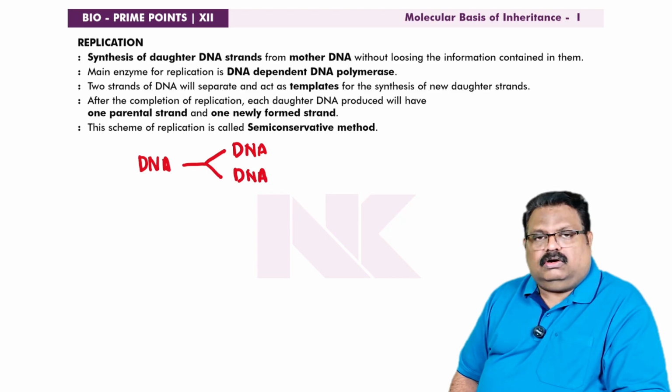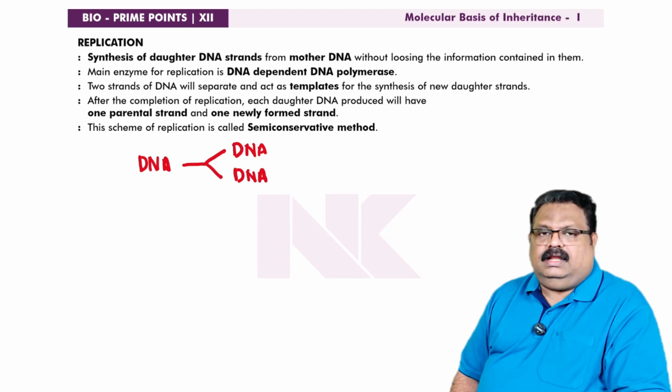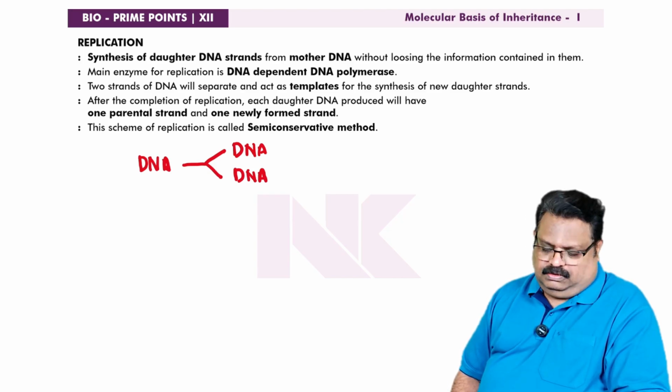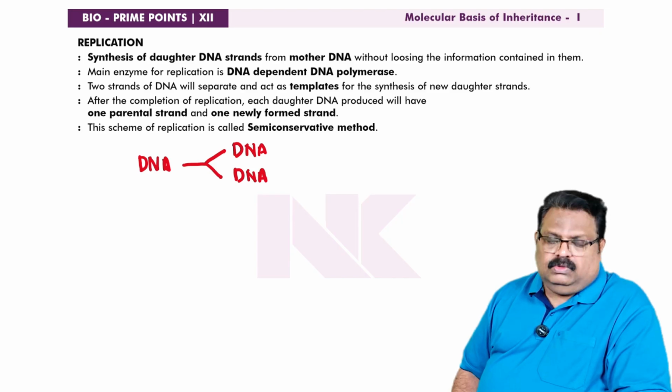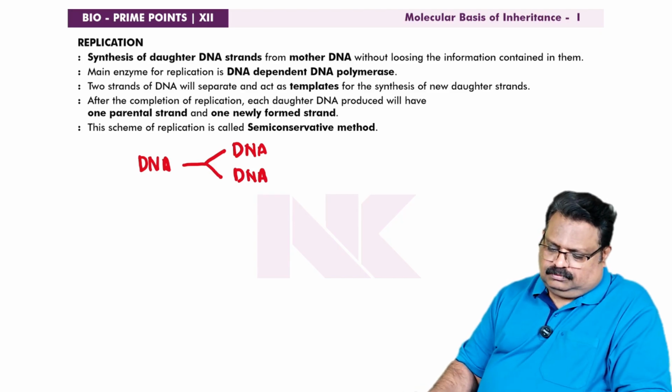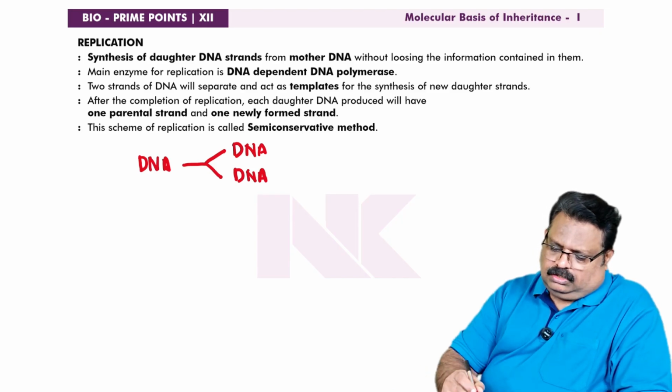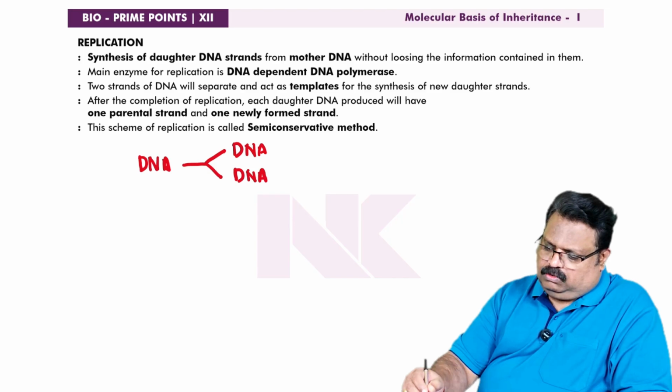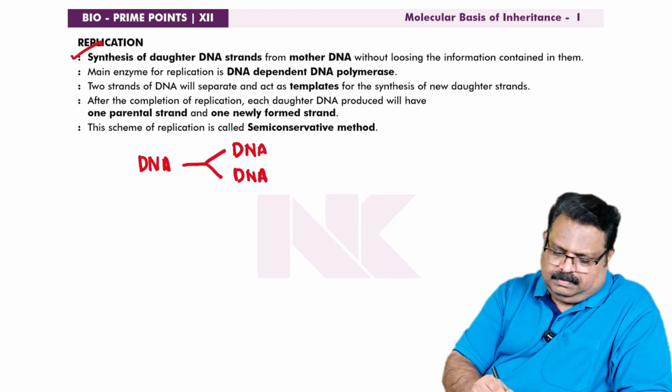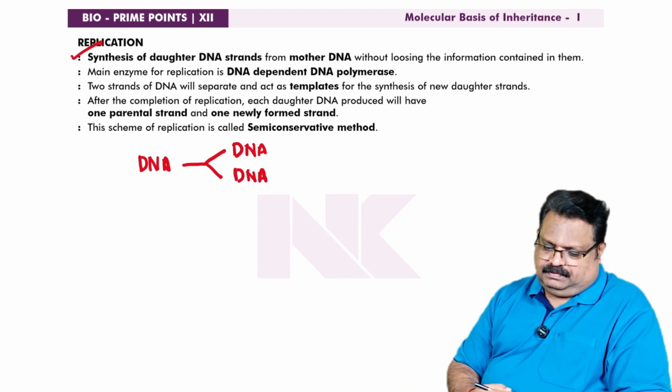That means both the daughter DNA produced will be identical to each other, and these daughter DNA will be identical to the mother DNA in their genetic information. Okay. So how does the process take place? The synthesis of daughter DNA strands from mother DNA without losing information contained in them is called replication.